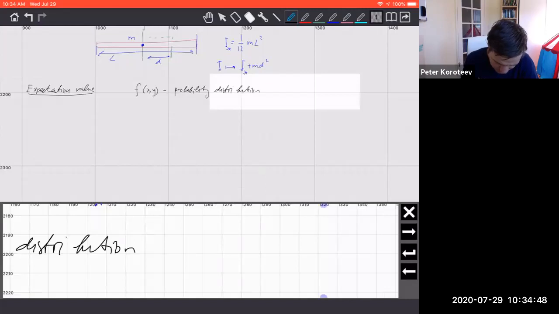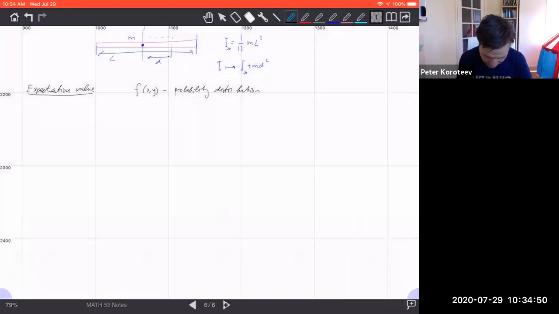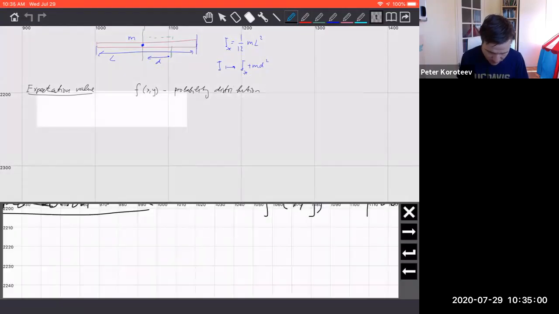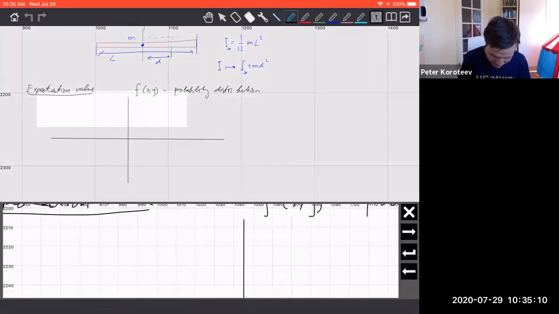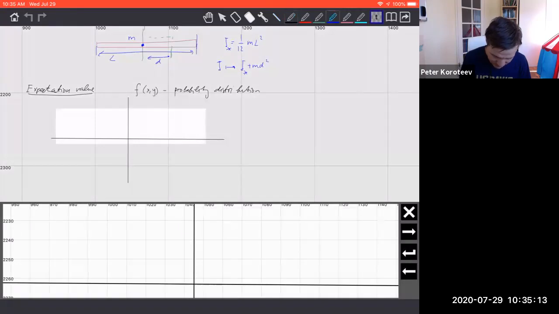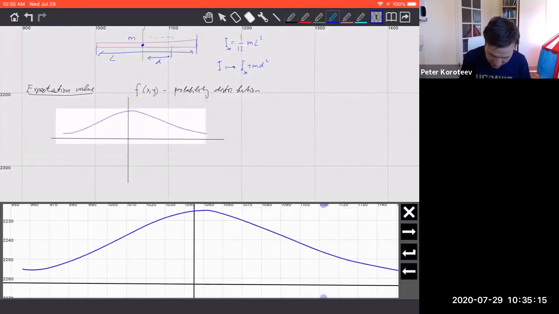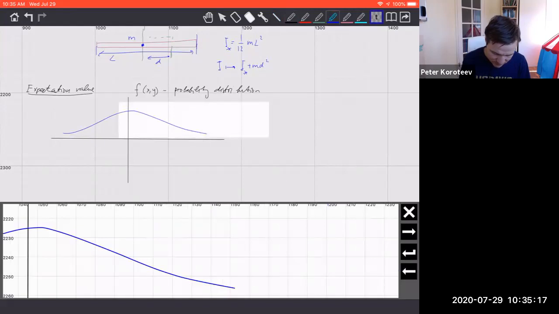Say you have a random process which changes continuously, and you want to determine the probability of some event happening. Then it can be described by some function. It can be a discrete function, it can be a continuous function, right?